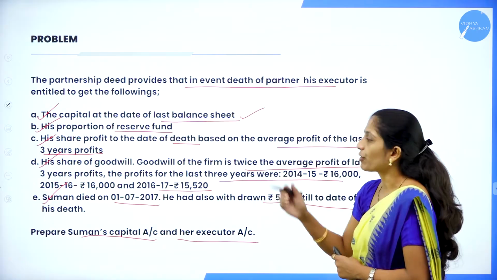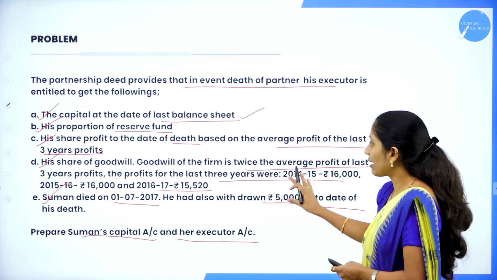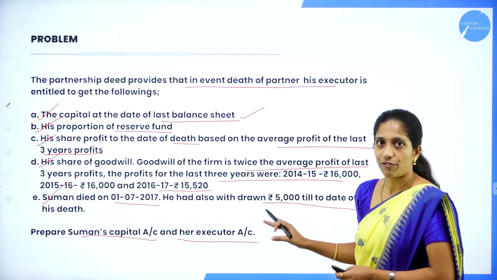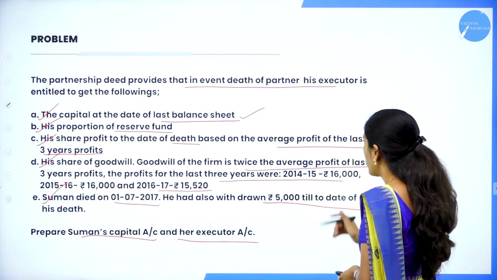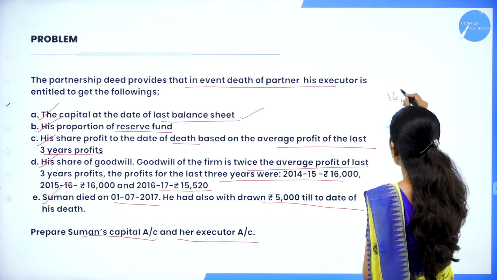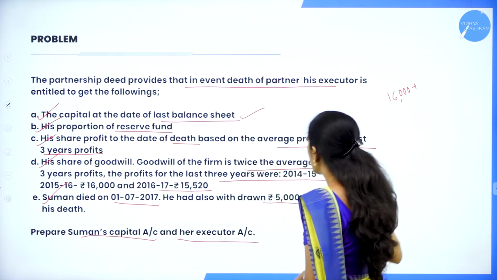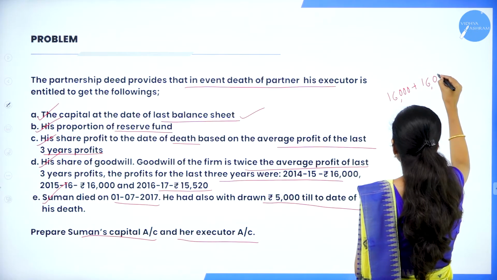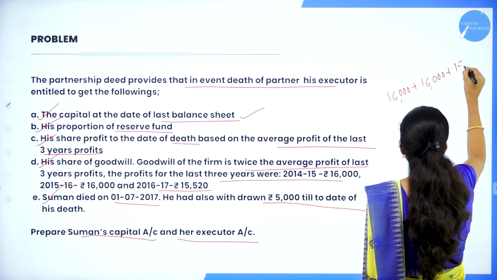Next what they have told, her share of profit till the date of death based on average profit of the 3 years. Now we have to calculate the average profit. They have given the 3 years profit and we have to calculate average profit of all these 3 years. Now how to calculate? So 2014-15 it is 16,000 plus 15-16 it is also 16,000. Plus 16-17 it is 15,520.